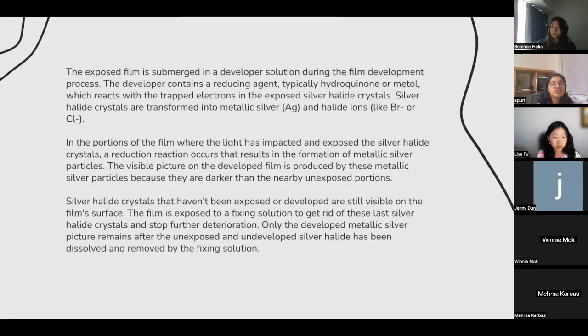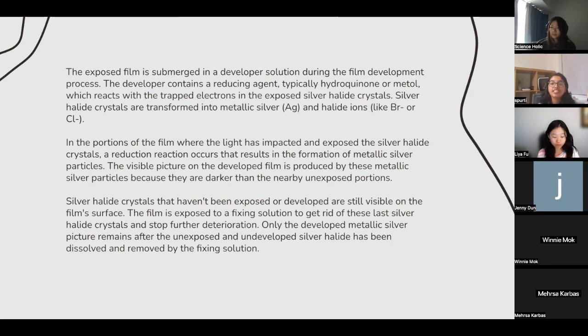During film development, the exposed film is submerged in a developer solution, and the developer contains a reducing agent, typically hydroquinone or a metal, which reacts with the trapped electrons in the exposed silver halide crystals.